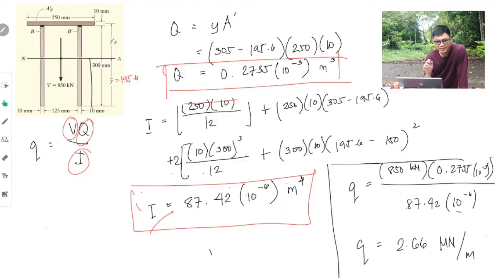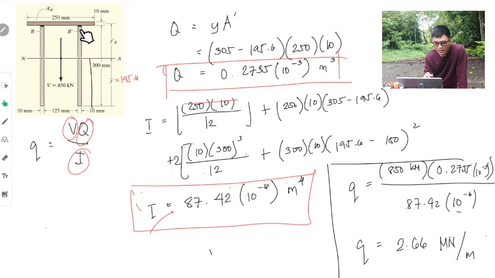We're not yet done because, again, take note, this is connected at 2 points, B and B prime. So if it is connected at more than 1 point, we have to divide by the number of connections. In this case, there are two. So therefore, your qB is equal to your qB prime, and that is equal to 2.66 divided by 2 meganewton per meter.